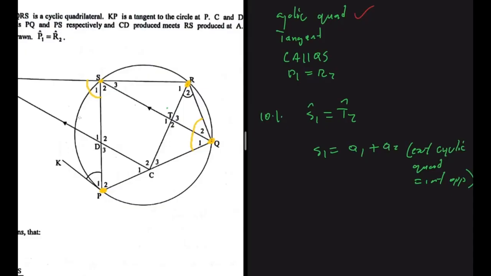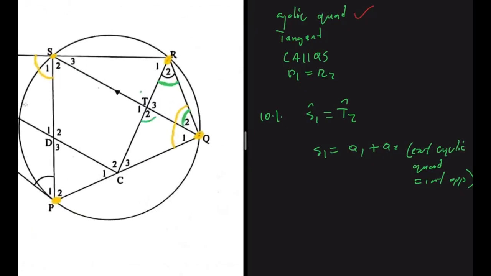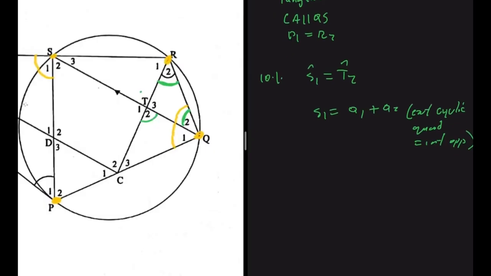When I look at T2, I realize very quickly that T2 should be equal to R2 plus Q2, right? An exterior angle of a triangle is equal to the sum of the two interior opposite angles. So we're saying that T2 will be equal to R2 plus Q2.